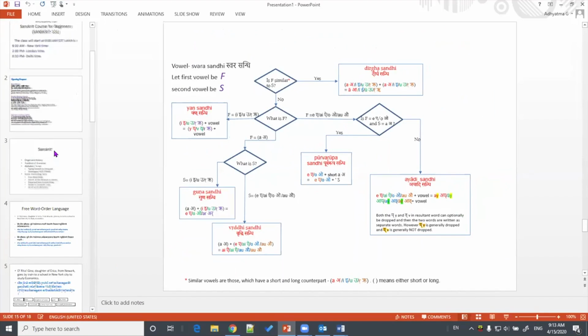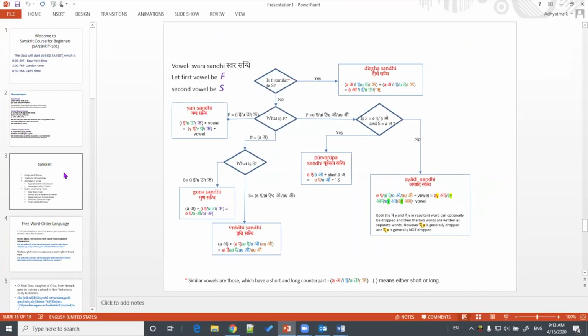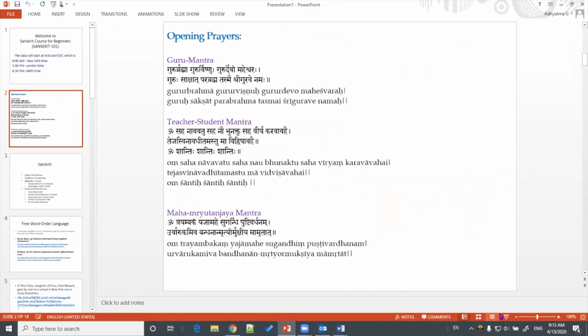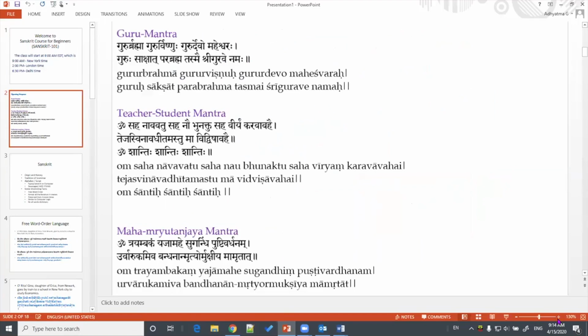A question was related to the verses which I had asked last time in the prayers. I had asked: saha nau avatu. What is the sandhi here? Some of you did send me the correct answers.